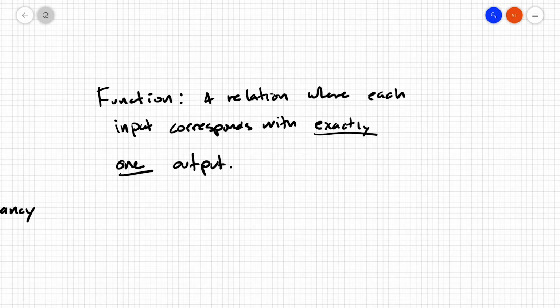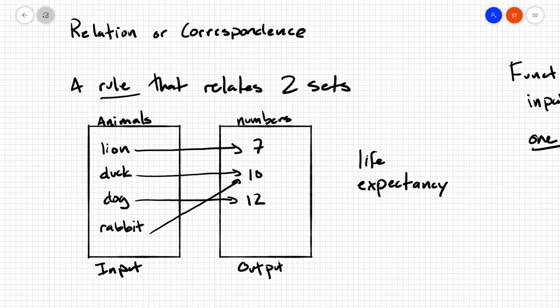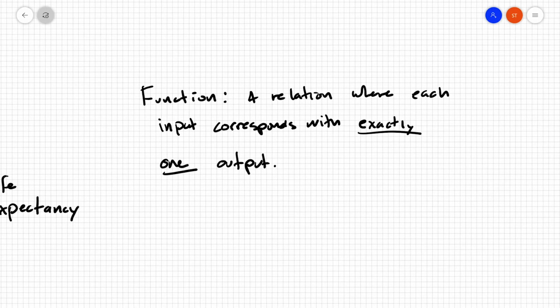Does each input correspond with exactly one output? Yes, it does. A lion points at 7, a duck points at 10, dog points at 12, rabbit points at 10. It's okay that the duck and the rabbit are pointing at 10 because it does not break this rule. Each input is pointing at exactly one output.